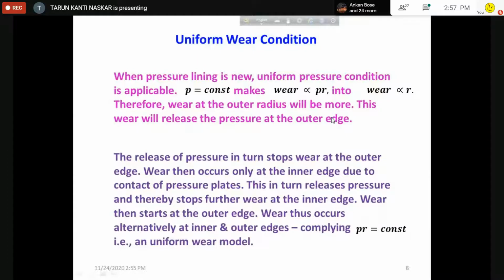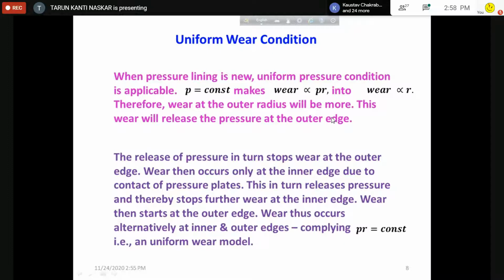So that is the uniform wear model, complying with PR equal to constant. So why is it uniform wear? It is uniform wear because the arrangement automatically arises so that PR is constant.